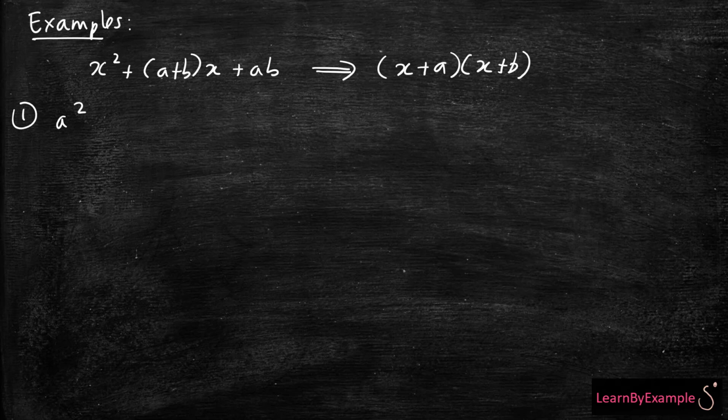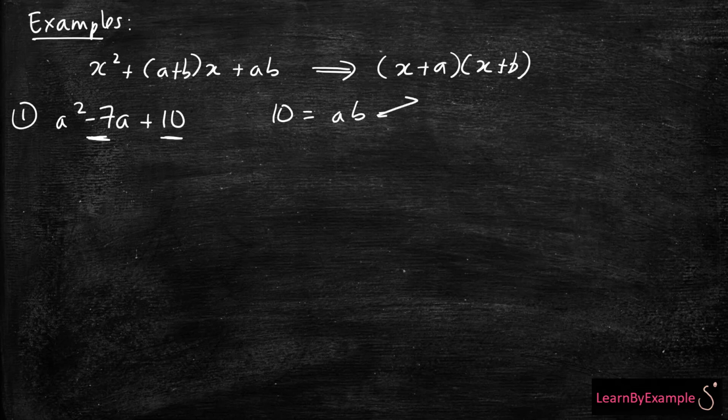So we have a squared minus 7a plus 10. Remember that our goal is to look for a product of a and b that gives us 10 and a summation, a plus b, that gives us minus 7. So 10 is equal to ab. There are two options here.